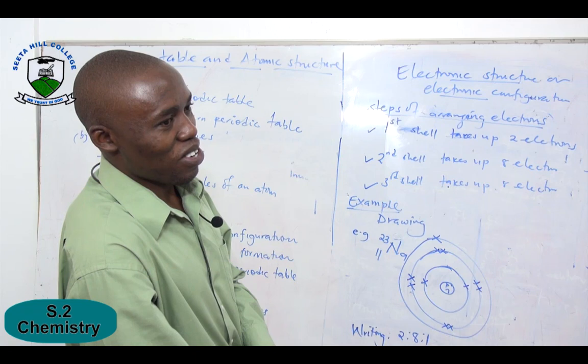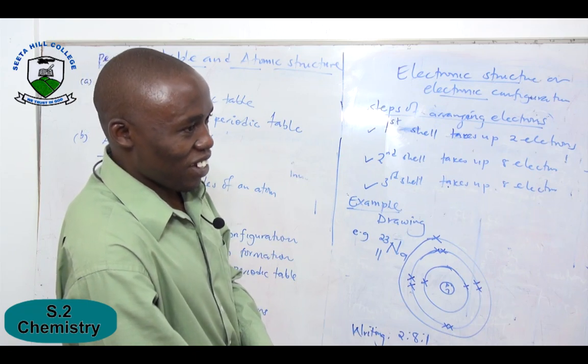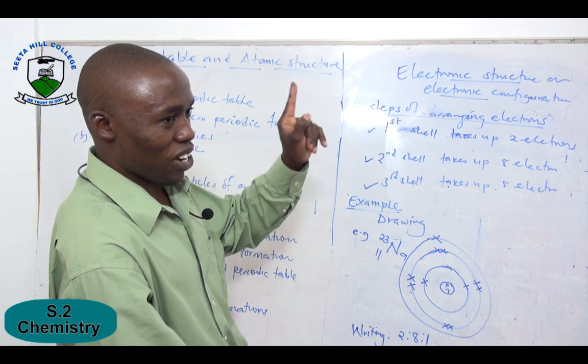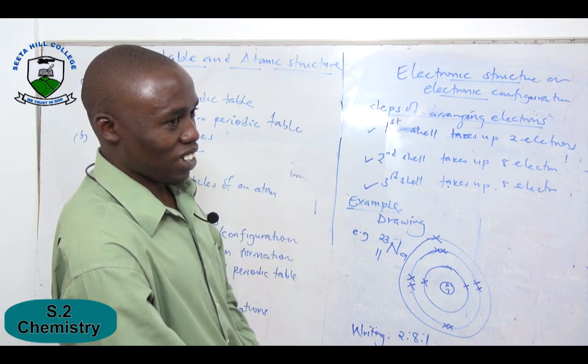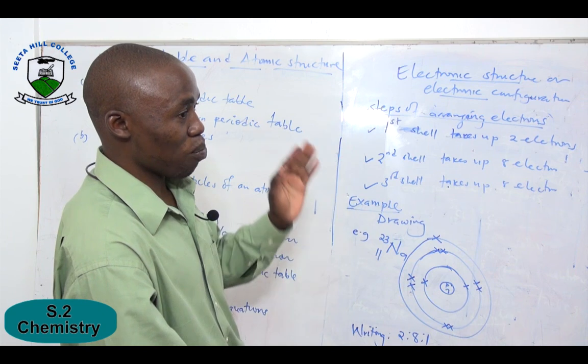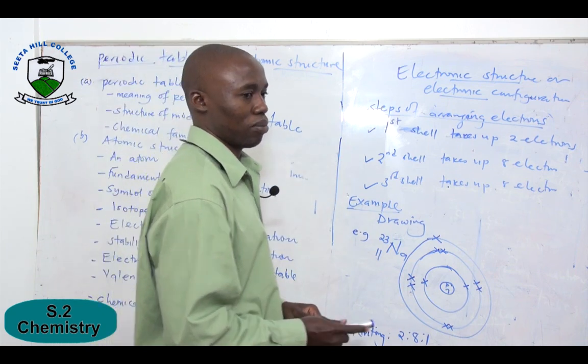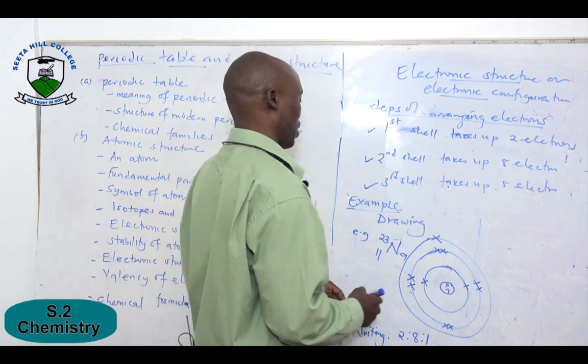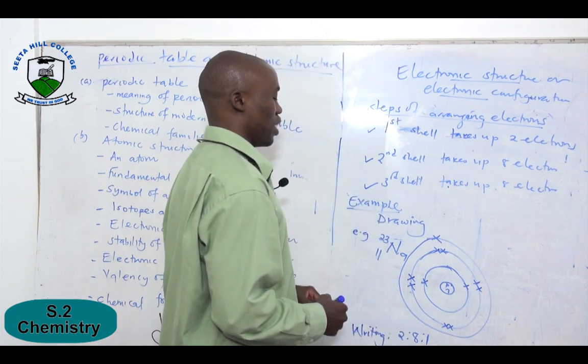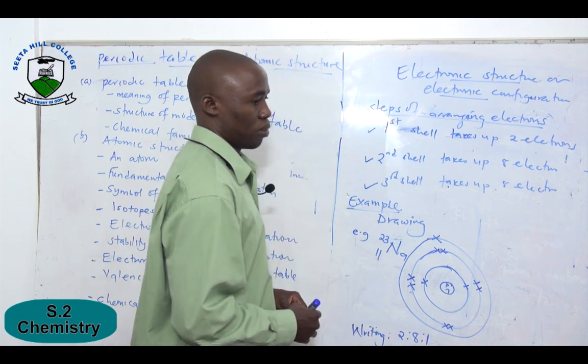How? You can use its position in the first 20 elements by saying 1, 2, 3 up to 13. It means what you are counting is the atomic number. See? So, yeah, that's very, very good. Very good.